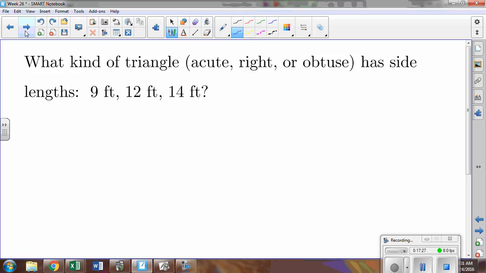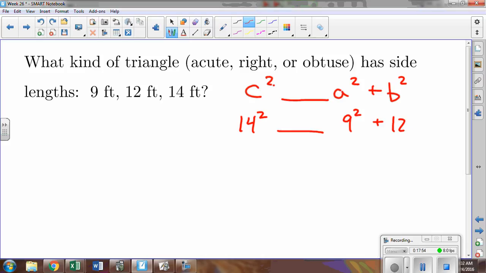And here's our last example. Just like the last two, we know that we have to compare c squared with the sum of the squares of the other two sides. Thus, we are comparing 14 squared with 9 squared and 12 squared.